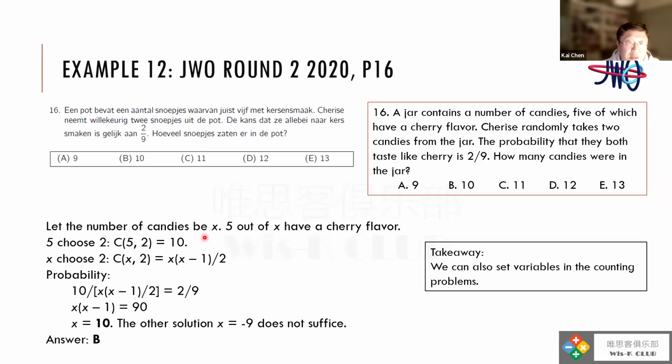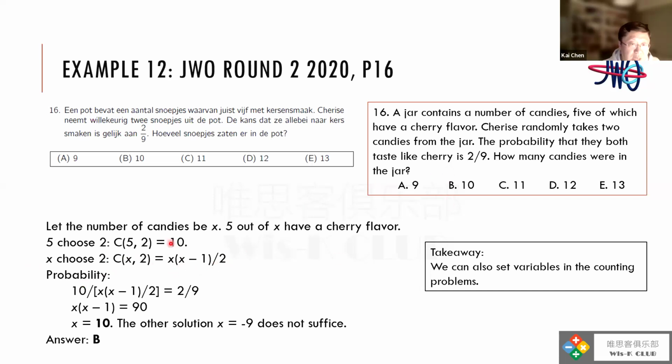But without this restriction, what are the general chances, just randomly taking 2 candies out of X? Choosing 2 out of X gives X times X minus 1 divided by 2. And the ratio of these two numbers is the probability that both taste like cherry.